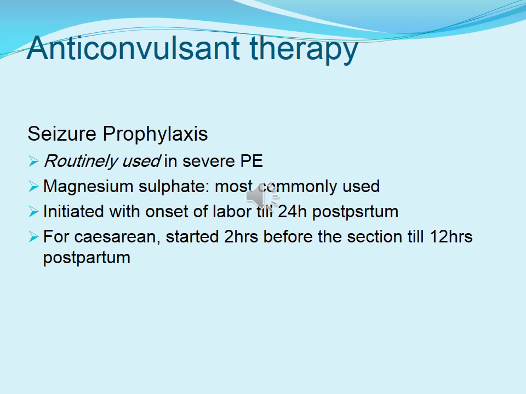But for those who are going to undergo cesarean section, we should start the magnesium sulfate infusion 2 hours before the operation and keep them on the infusion for 12 hours in the postpartum period.